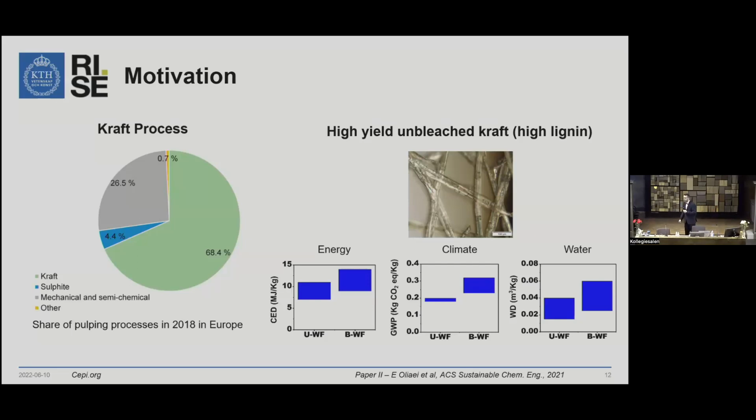This is mainly due to environmental reasons. As you can see in these pictures, the cumulative energy demand, the global warming potential, and water depletion value for high-yield unbleached wood fibers is comparably lower than for the bleached wood fibers.